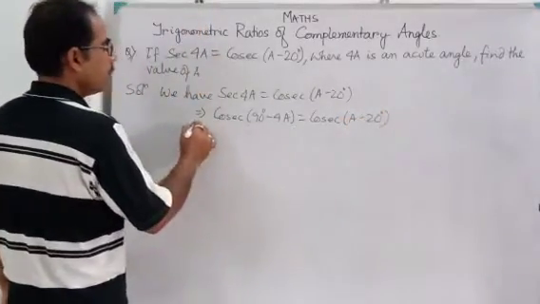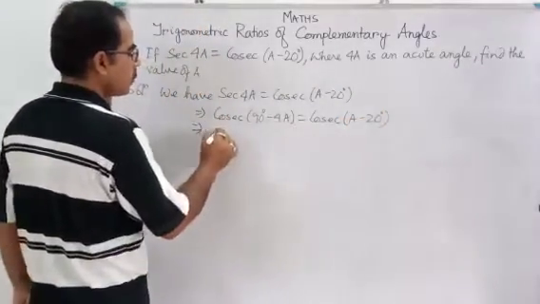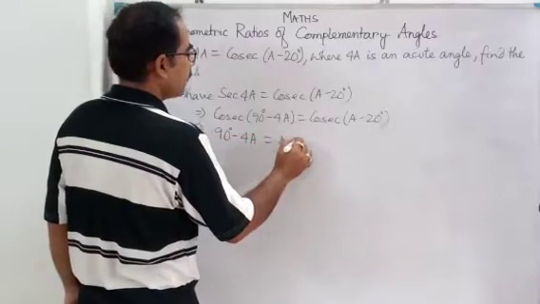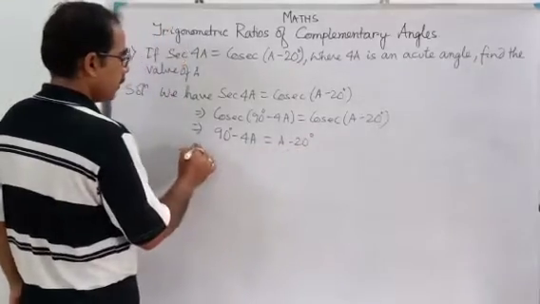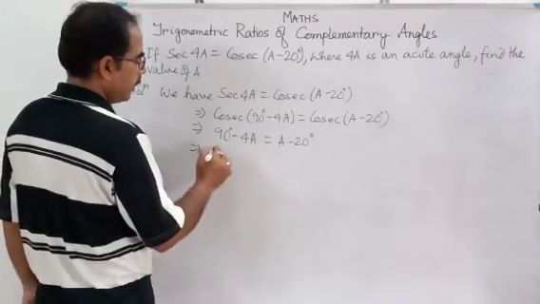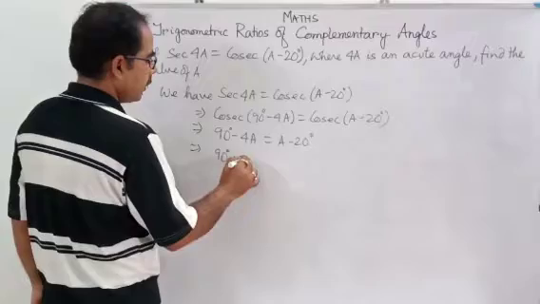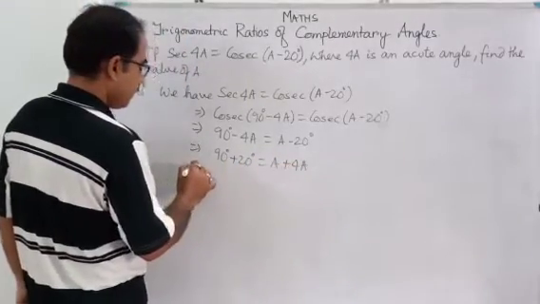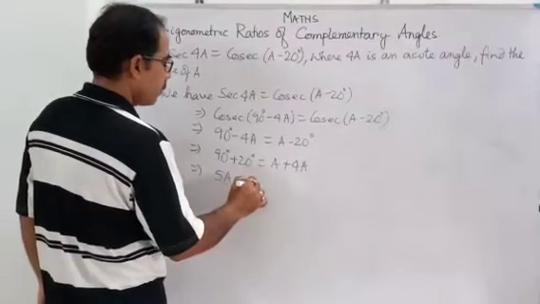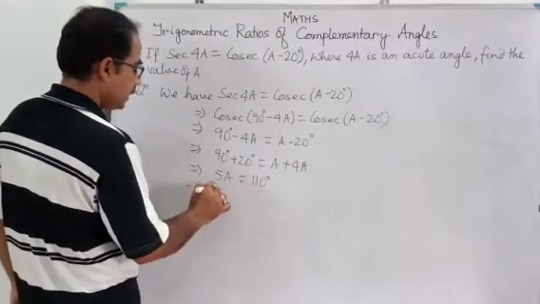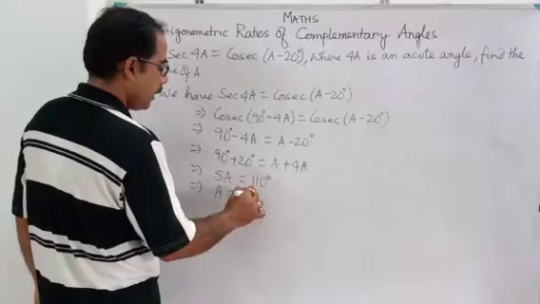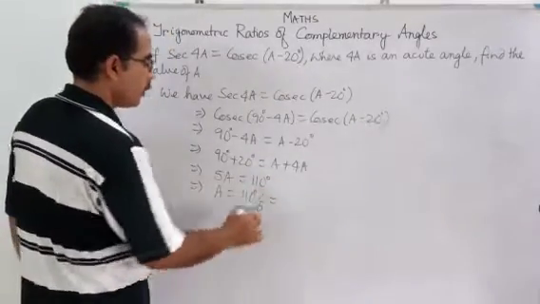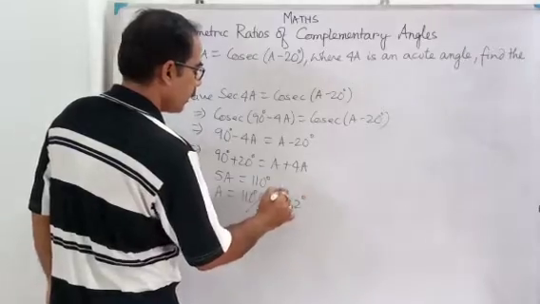So in both the sides cosec can be cancelled out, so ultimately you are getting 90 minus 4a equal to a minus 20 degree. So 90 degree plus 20 degree equal to a plus 4a. That means 5a equal to 110 degree, means a equal to 110 degree by 5, that is equal to 22 degree.